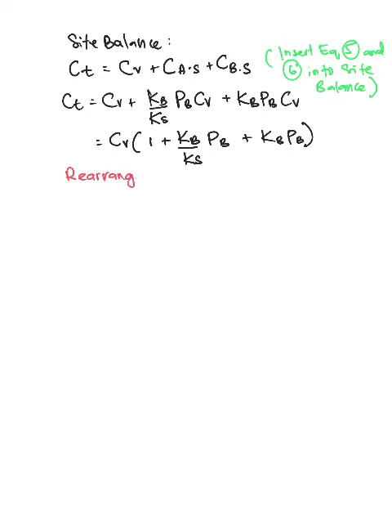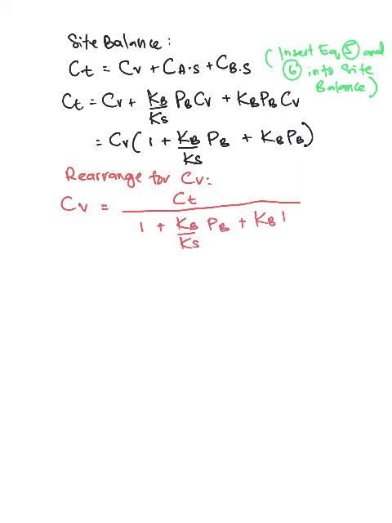Rearrange for Cv. Why? Because later we want to eliminate Cv. So, rearrange: Cv equal to Ct divided by 1 plus Kb per Ks Pb plus Kb Pb.